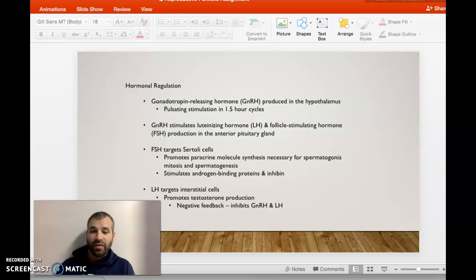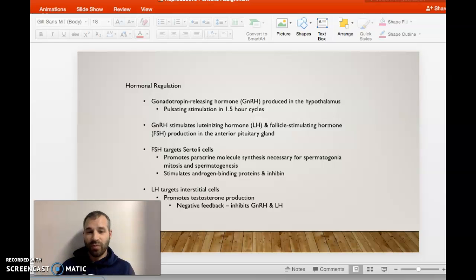And once stimulated, the anterior pituitary gland will produce luteinizing hormone, better known as LH, and follicle stimulating hormone, also known as FSH, to abbreviate these two important regulatory hormones. As the LH and the FSH are produced and released via the hypophyseal portal system, they eventually circulate to the testes for hormonal influence on Leydig cells and also Sertoli cells, respectively.